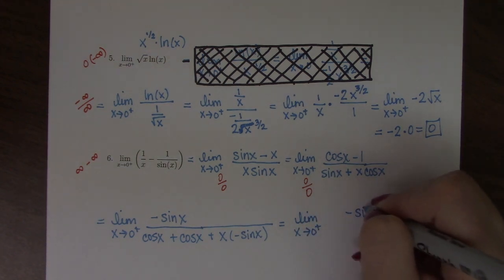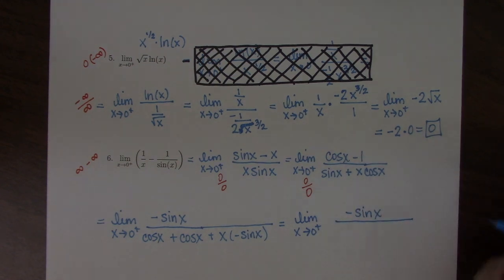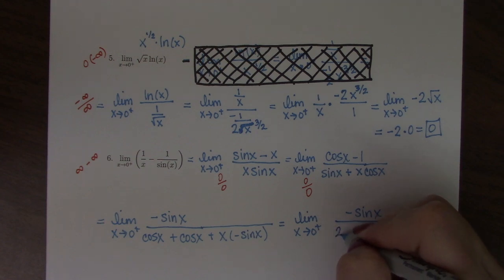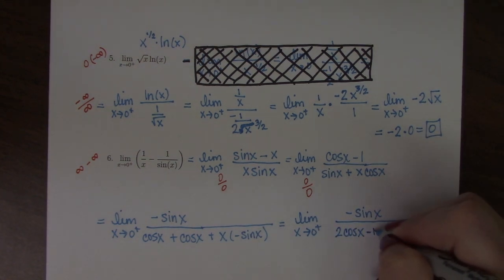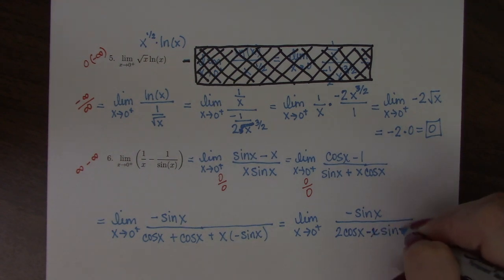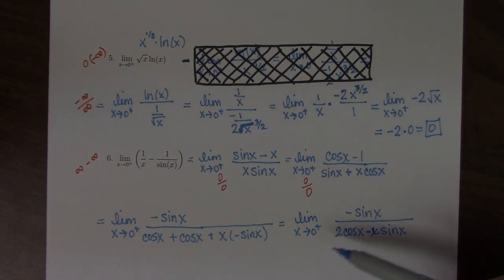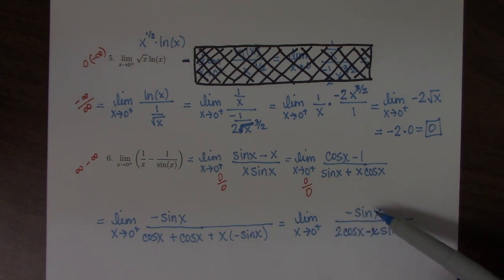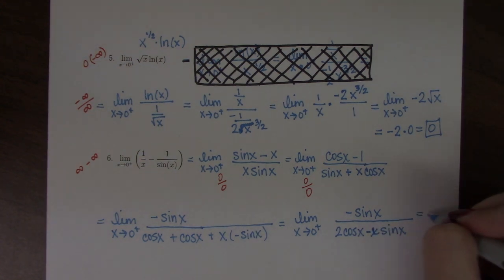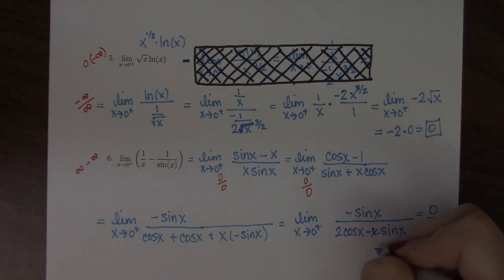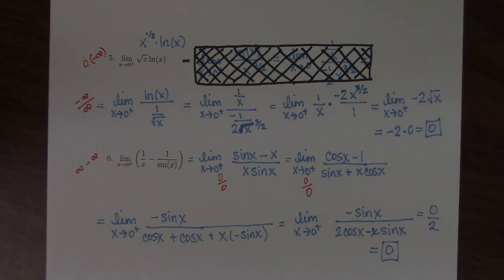The numerator is just negative sine x, but in the denominator I have a cosine x plus a cosine x, so that's 2 cosine x minus x sine x. Now let's check what happens if we plug in 0. We get 0 in the numerator. We get 2 times 1, which is 2, minus 0. So we end up getting 0 over 2. So the limit of this is 0.